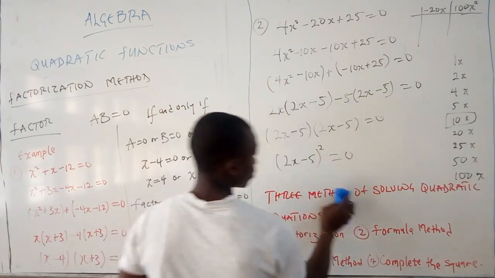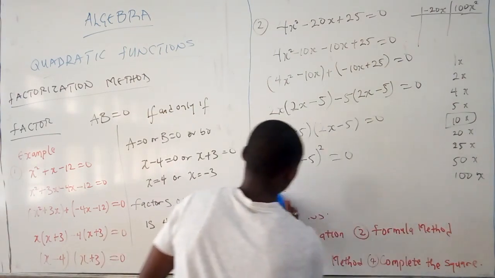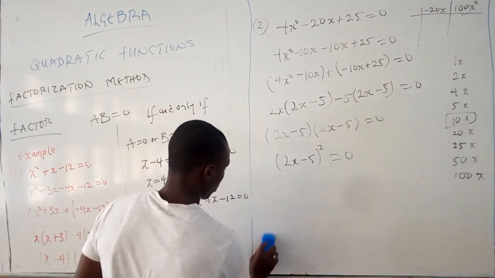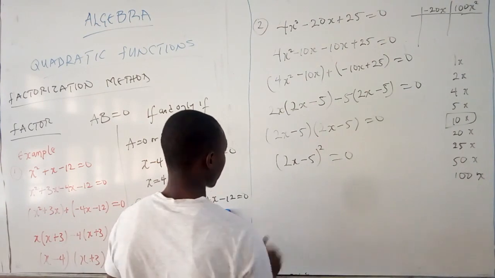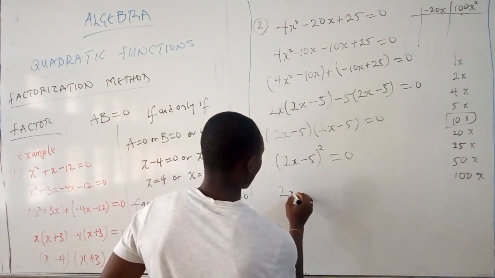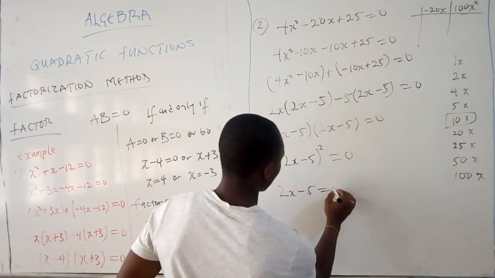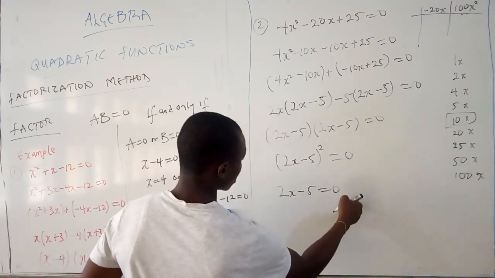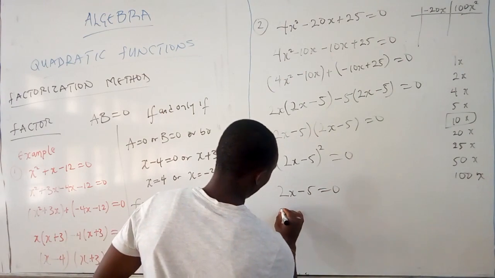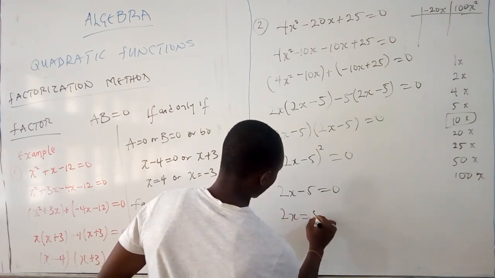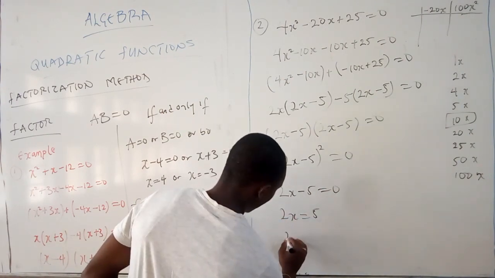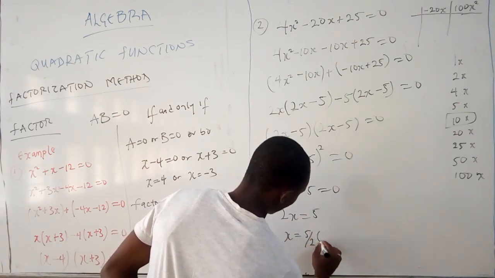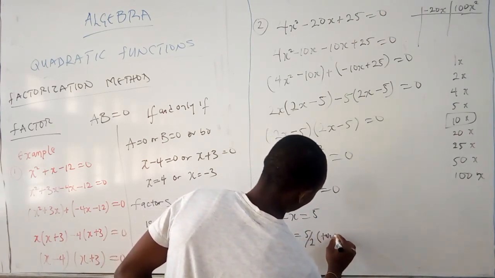Since it's equal to 0, then 2x minus 5 is also equal to 0. If you take this to the right hand side, you have 2x equal to 5, and x is equal to 5 by 2, twice.